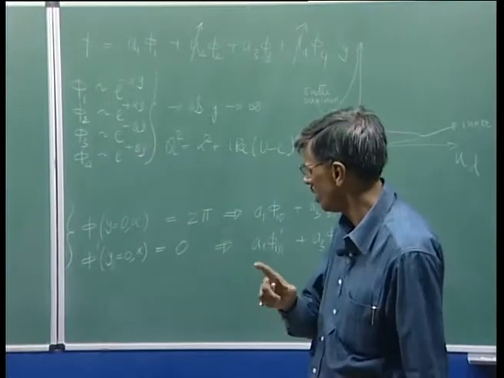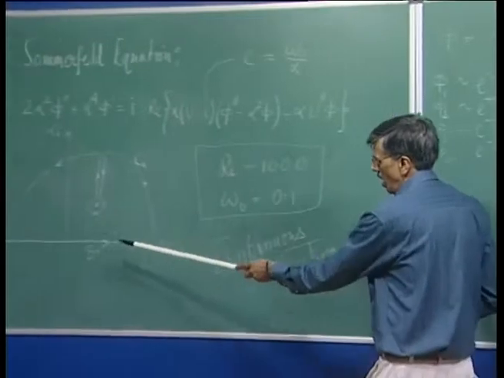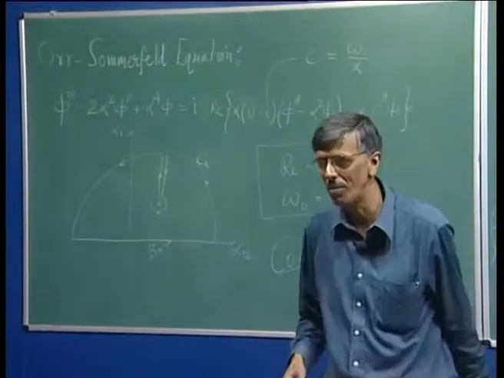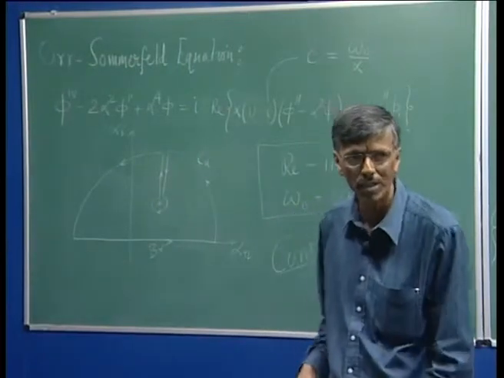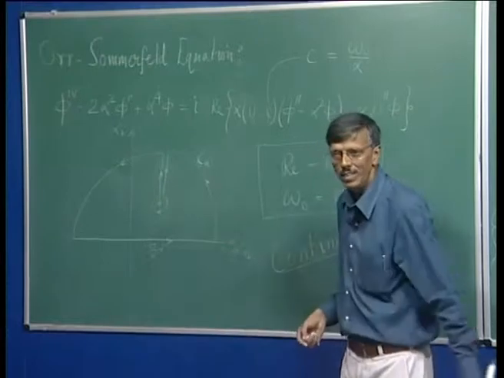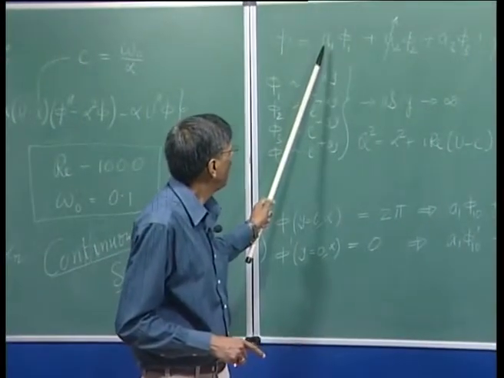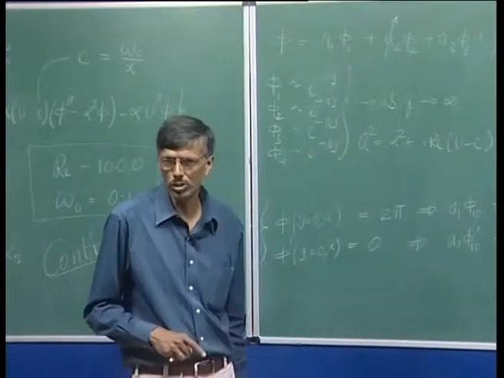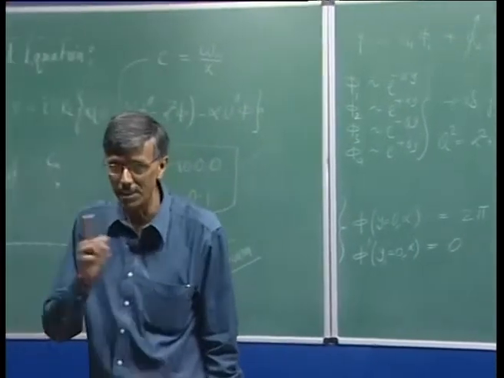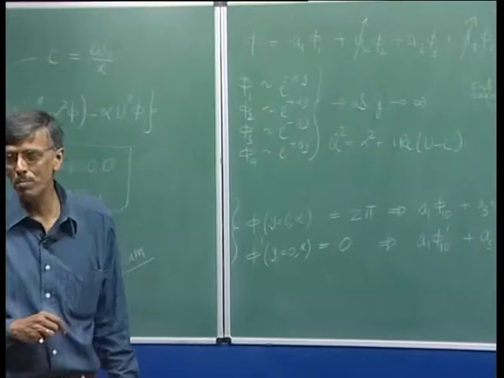So, one group of people did say, look, maybe along this axis we have a contribution coming from all the points, and this is what they called the continuous spectrum. Now, that is about the A1, A2 contribution. What about the A3, A4 contribution? That depends on Q. Q also can be purely imaginary.